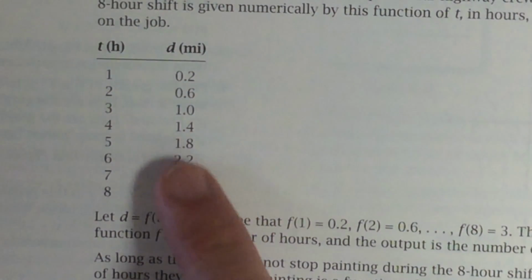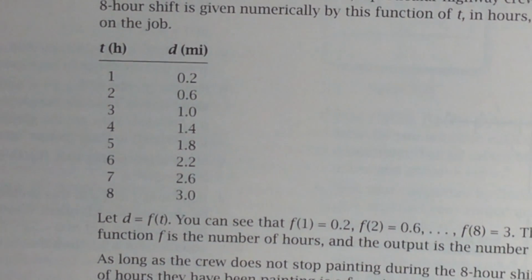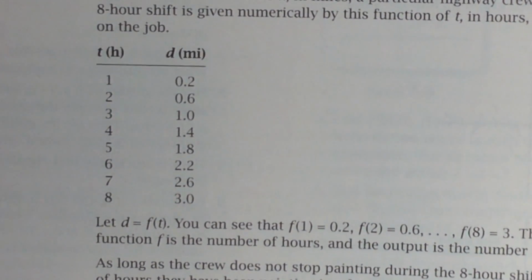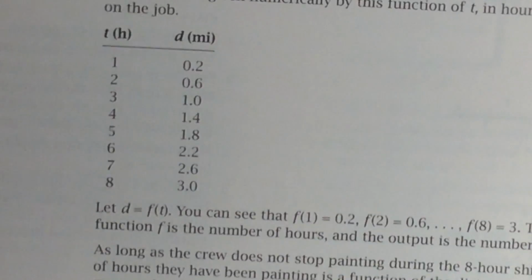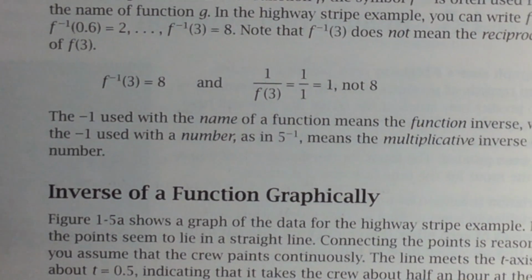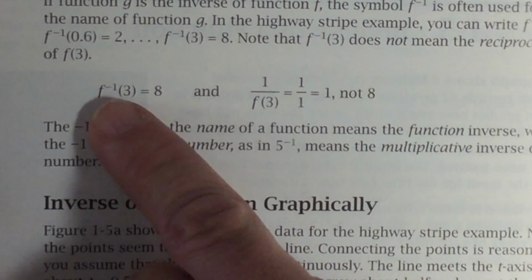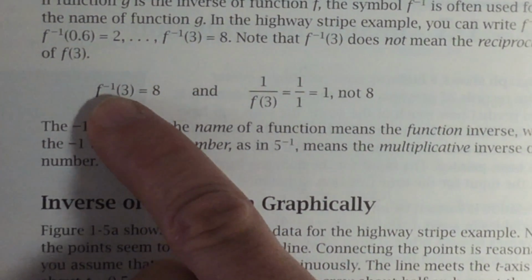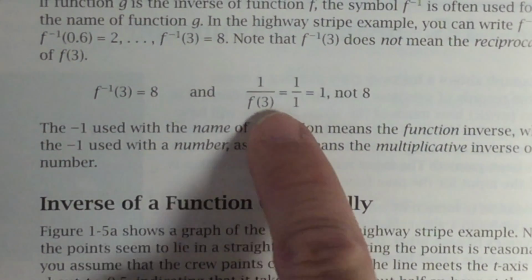If we had a value here that appeared twice, that wouldn't keep t from being a function, but it would keep the inverse relation from being a function. So that's sort of what you have to look for. In terms of notation, this is what inverse function looks like, where we put the -1 up here as an exponent to the f. This does not mean this.